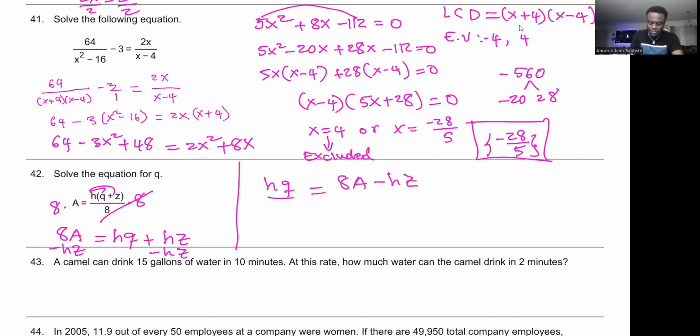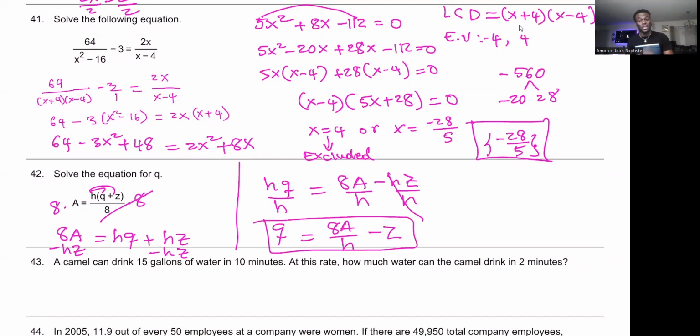Then divide everything by h to isolate q. Q by itself equals 8a over h. Now we can simplify the h minus z. So that is your solution. That's the expression for q.